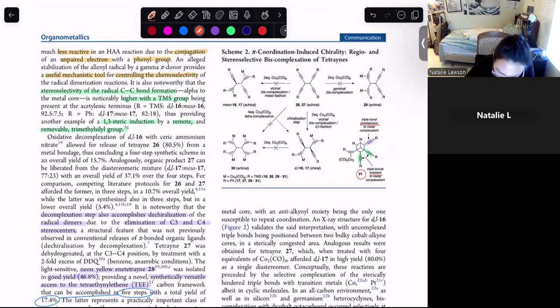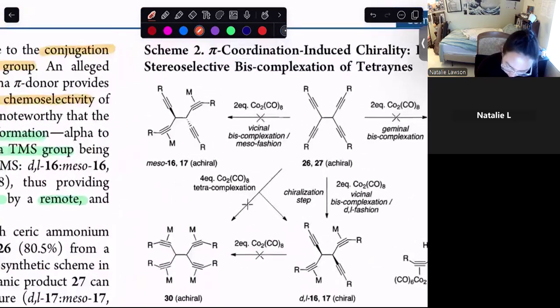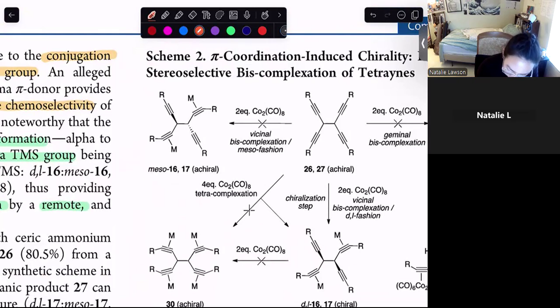So, 16 to 26. Oxidation of this allowed for that molecule.